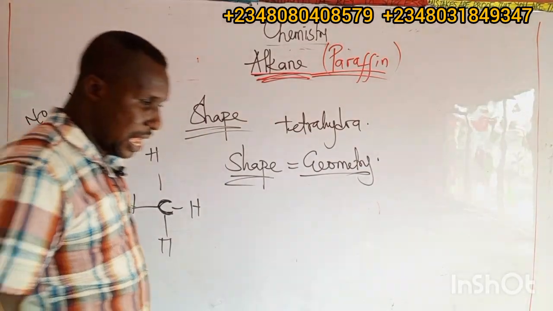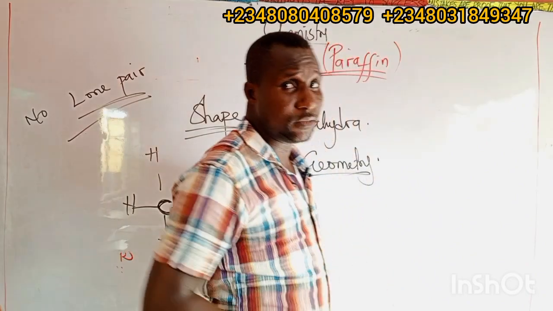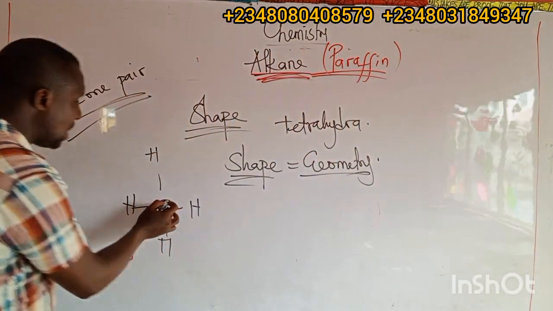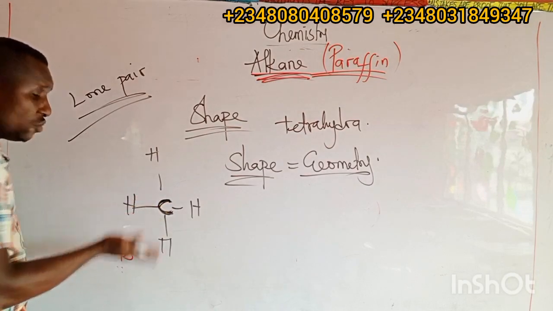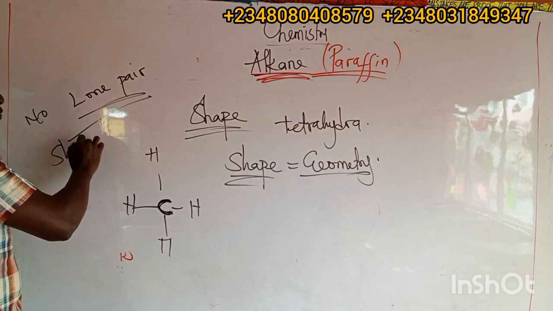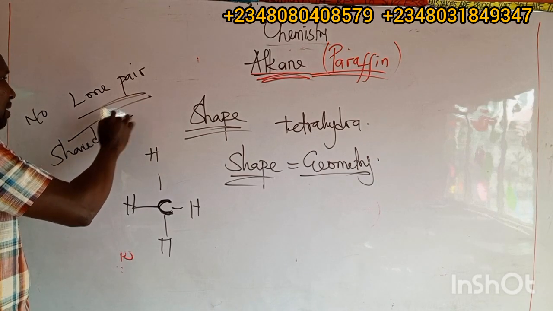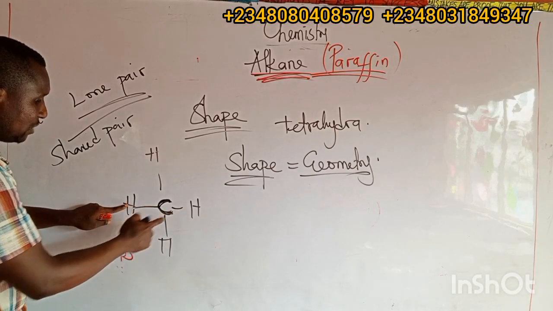Take note. I will do a video on hybridization proper, in which I will explain that. In this case, there's no lone pair of electron. We only have shared pairs, and how many shared pairs? 1, 2, 3, 4. That means we have 4 shared pairs of electron.